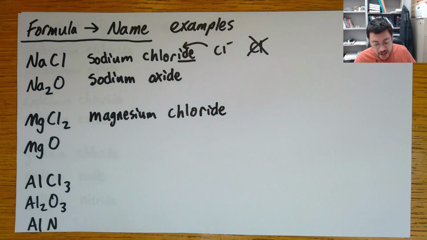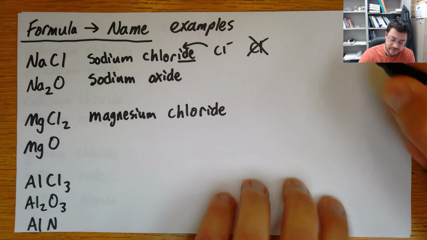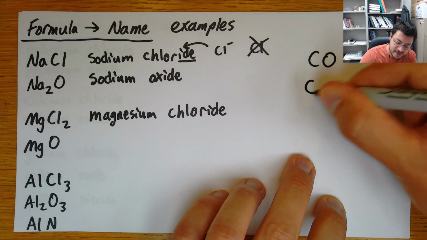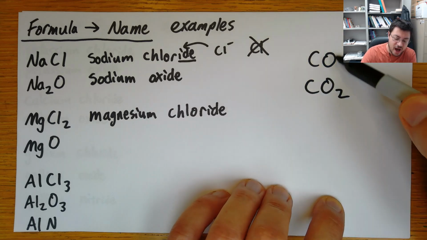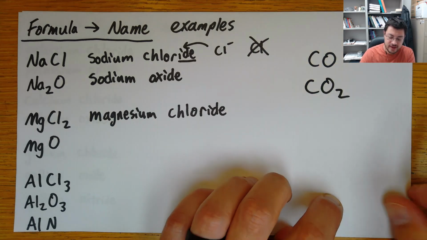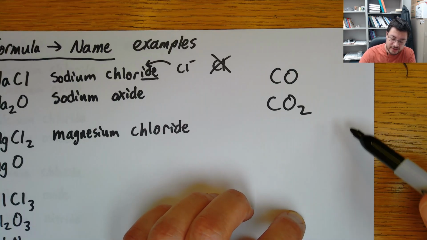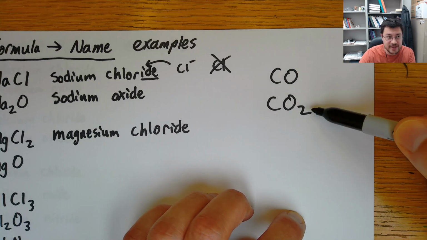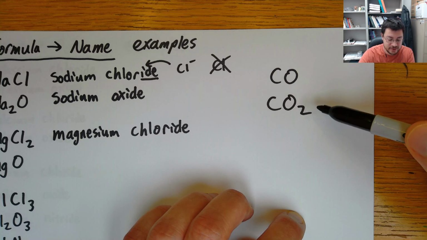Now, notice so far, if you haven't noticed already, there's no prefixes. Like in molecules, you have the prefixes, and that's because you need the prefixes. Just to kind of refresh your memory, we can't just say carbon oxide for both of these. This is carbon monoxide. This is carbon dioxide, two very different molecules.